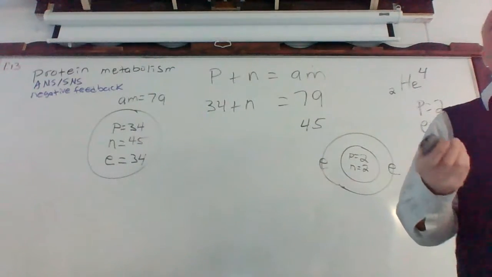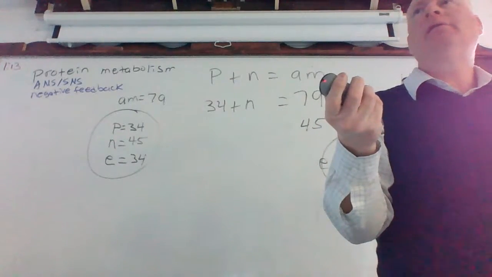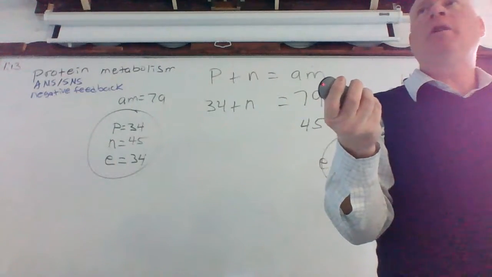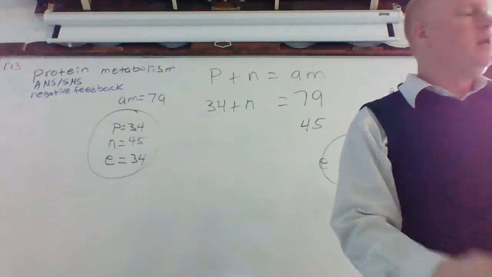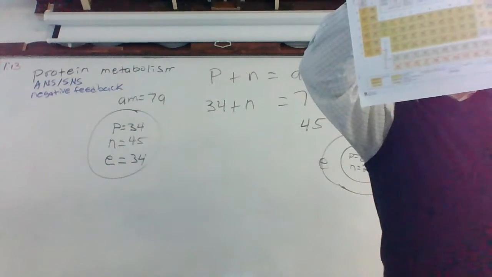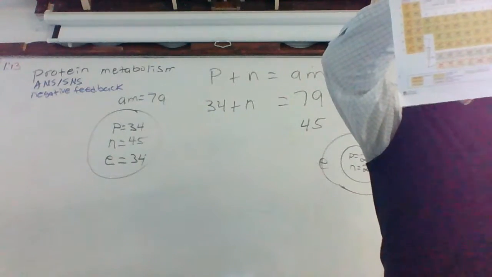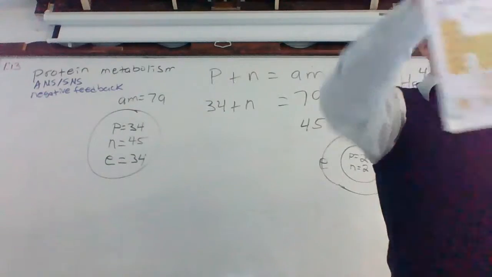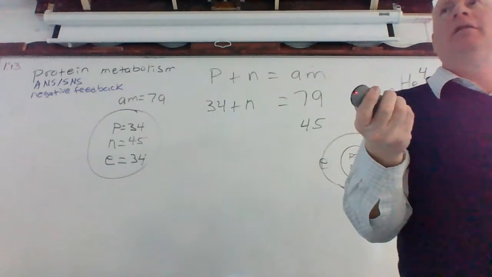Now, when you go over to column 3, that has boron, then carbon, nitrogen, oxygen, fluorine, and neon. That is called which block? It says right here.